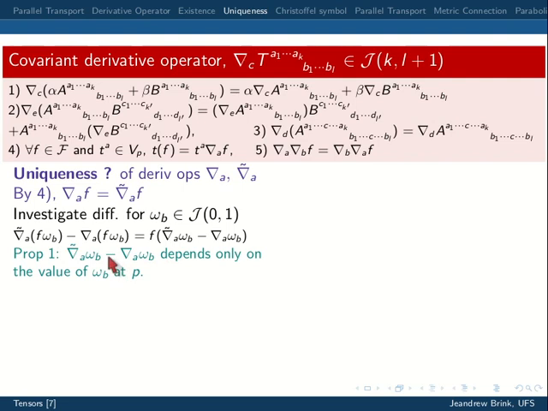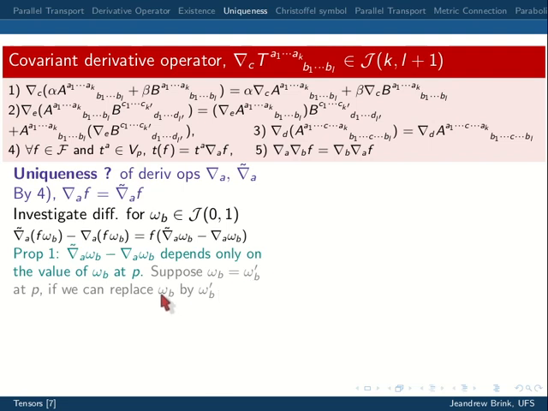If you make this combination, this difference of two derivative operators applied to a 0-1 tensor, I'm now saying it depends only at the point. Which is weird. And the way we prove that is, suppose we have one 0-1 tensor that is equal to another one at that particular point.